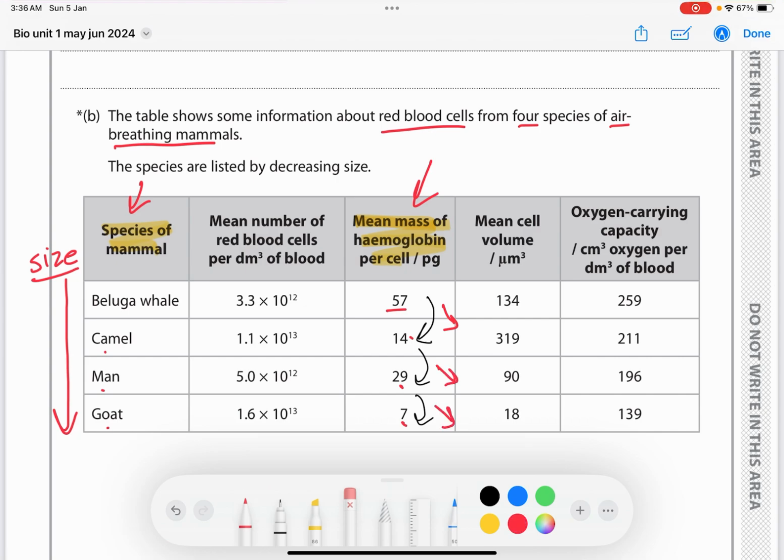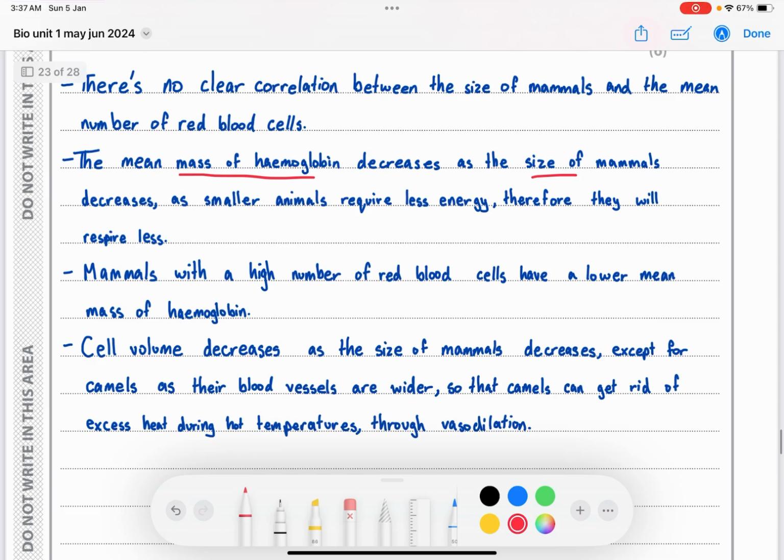They're not decreasing at a constant value, but it's still decreasing, right? So we can understand why. Now, again, smaller animals requiring less energy is us relating the knowledge that we have learned to the knowledge that was given to us from the table.